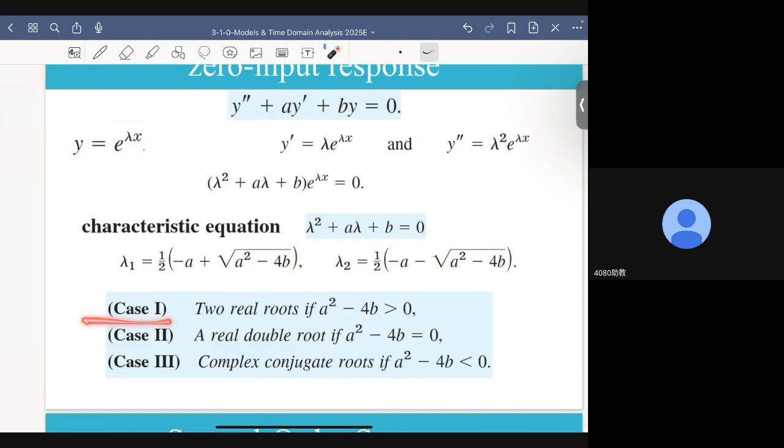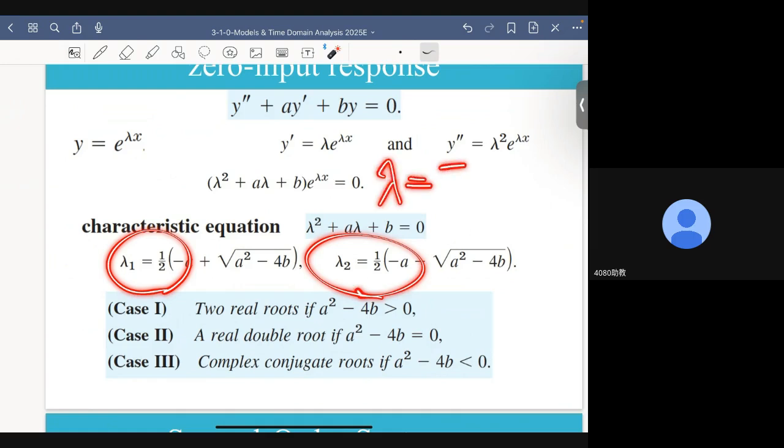Case 1, I have 2 real roots. This will happen when a squared minus 4b is positive, right? So I have 2 distinct real roots. That's case 1. Case 2 is I have a real double root. This will happen when a squared minus 4b is 0. Therefore, both lambda 1 and lambda 2 become minus a over 2.